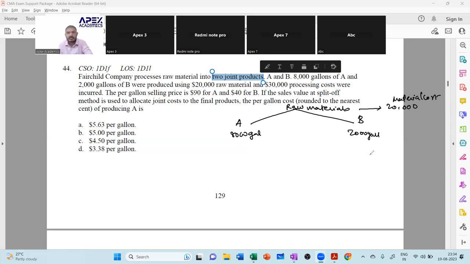And $30,000 of processing cost are incurred.